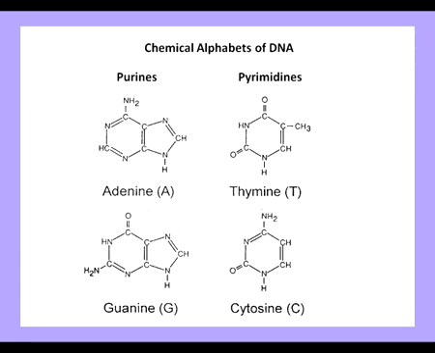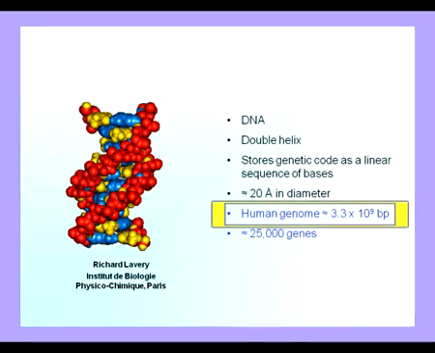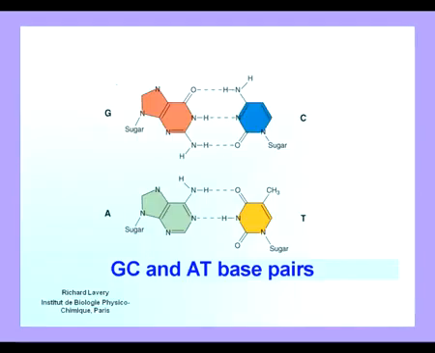The total number of letters in the human genome is 3 into 10 to the power 9 base pairs. Base pair means 2 alphabets we call one pair. I will explain again why we need that kind of pair, but that many letters are there to write all the genomic information which has to be passed on to the next generation.